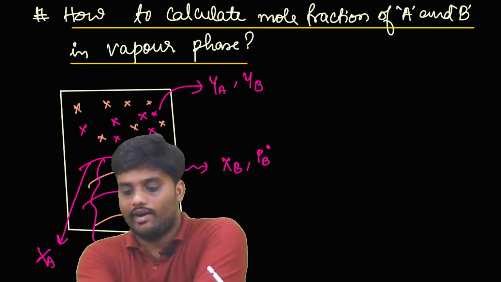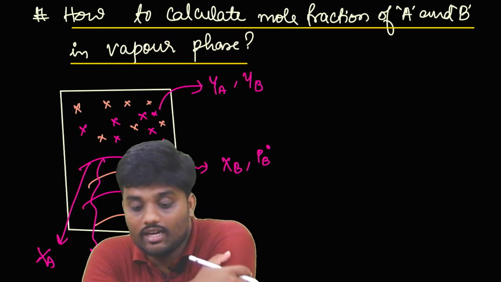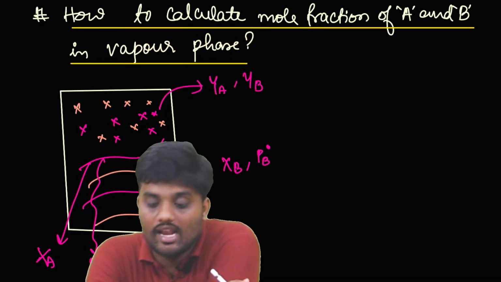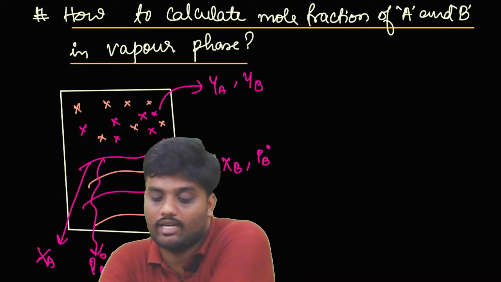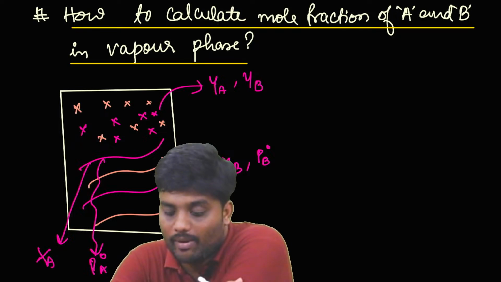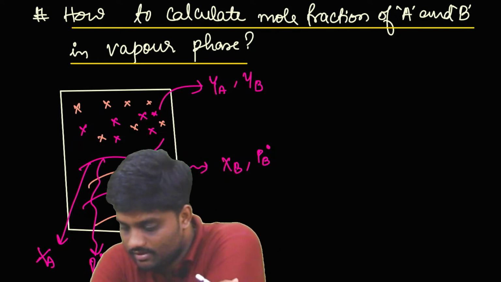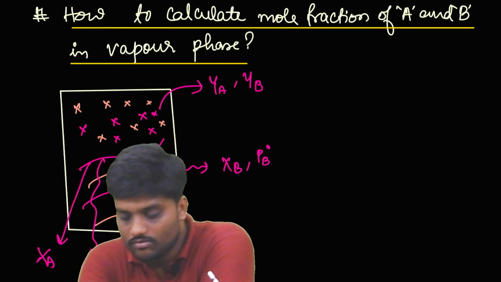So in order to calculate YA and YB, we need to apply Dalton's law of partial pressure. Dalton's law of partial pressure we have to apply.